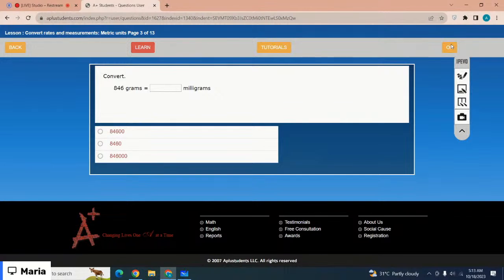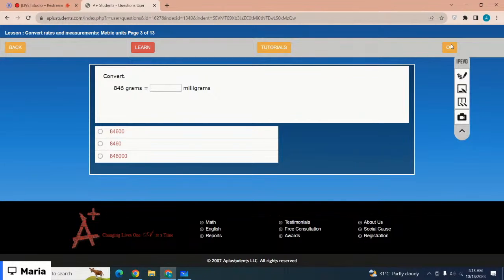846 grams equal how many milligrams? Which is the correct option? 1 gram equals 1000 milligrams, right? So it would be 846 thousands.